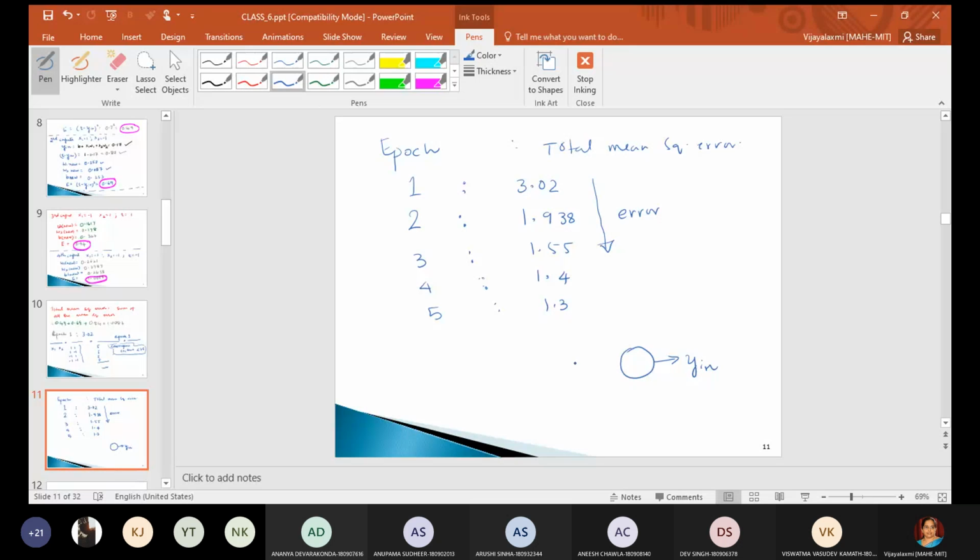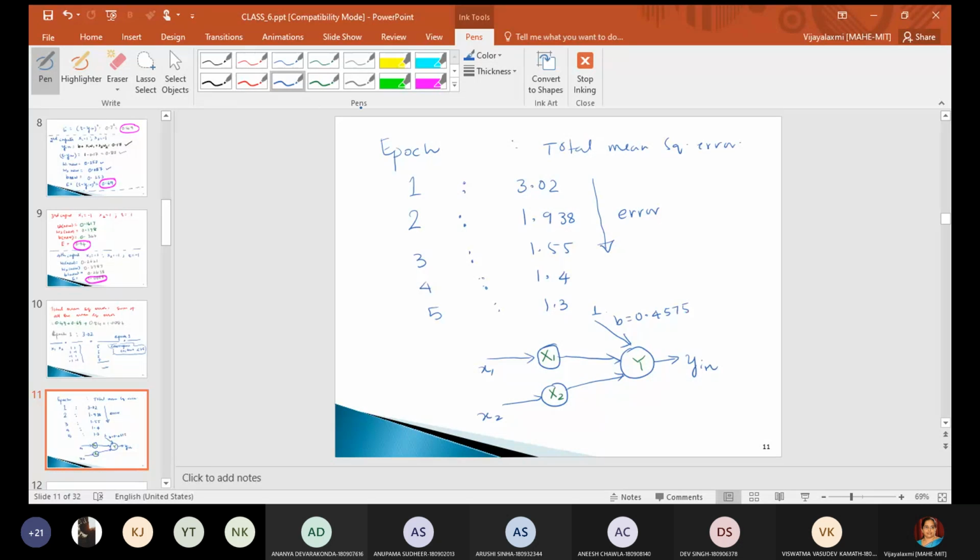I'll just write here the weights. Here this is the b value, 0.4575.